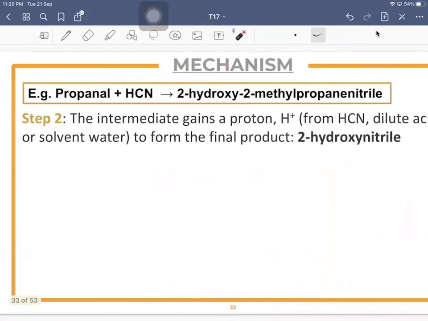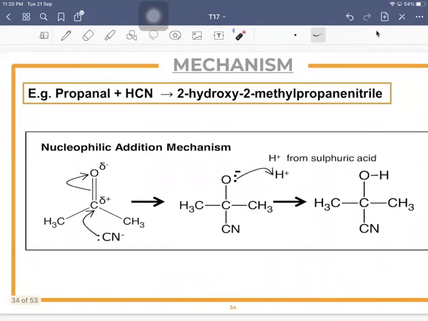When you're done, I also have another example here, if you want to look at a ketone. This is not propanal, this is a propanone reacting with hydrogen cyanide to form a product.